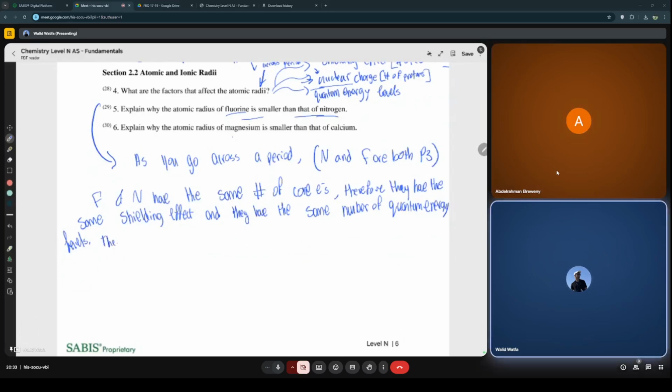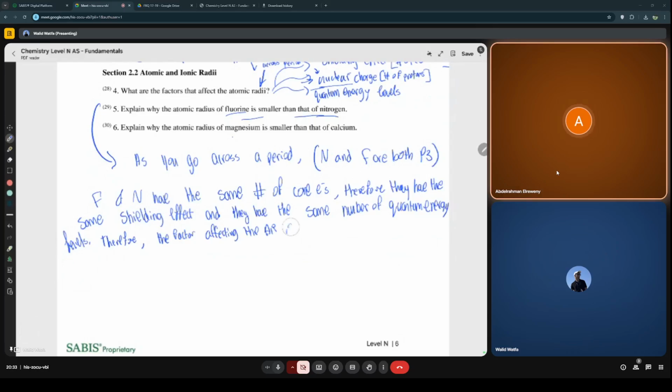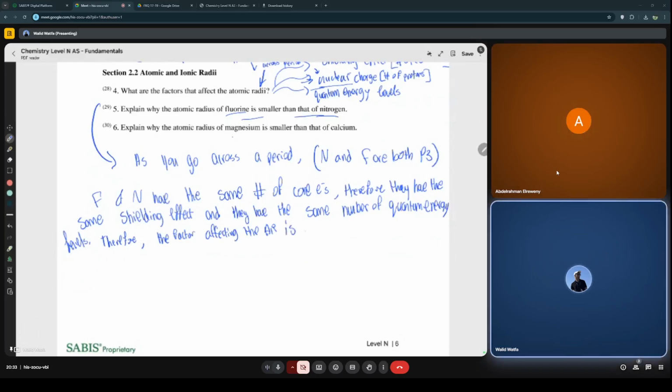Therefore, the factor affecting the atomic radius, I'm going to put AR. So in the exam, please write atomic radius. Don't take the risk. Is a greater effect of nuclear charge.